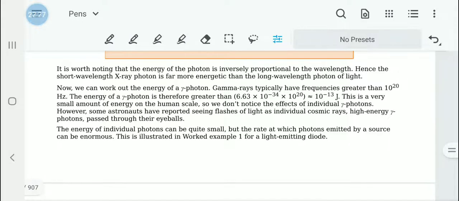Now if we want to work out the energy of a gamma photon, we know that gamma rays have frequencies greater than 10^20 hertz. So as a result, gamma photons would have energy that is 6.63 × 10^-34 × 10^20.